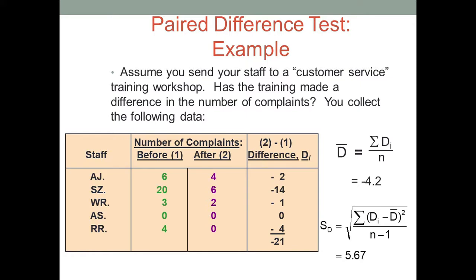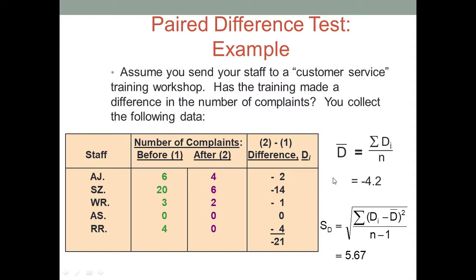We should compare the number of complaints before and the number of complaints after. For example, the staff that we send to the workshop are AJ, SZ, and so on. Then we have two sets of data. The first one is the number of complaints before: 6, 2, 3, 0, 4. And the second set is the number of complaints after: 4, 6, 2, 0, 0.